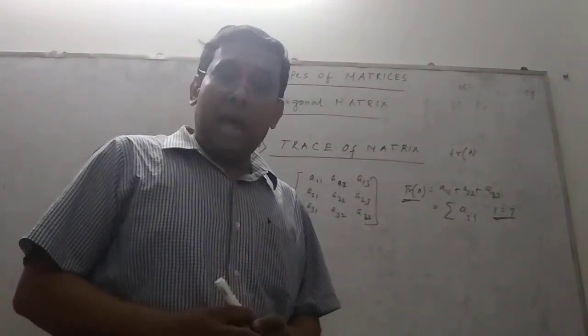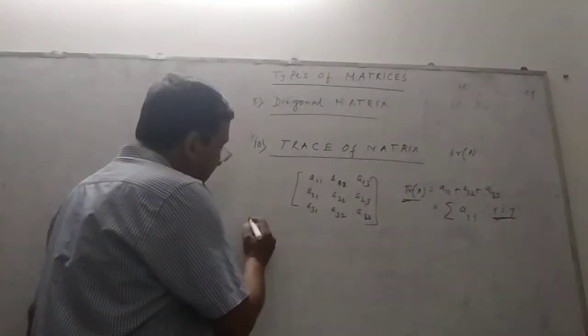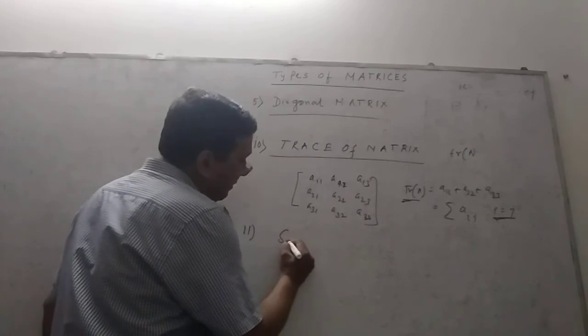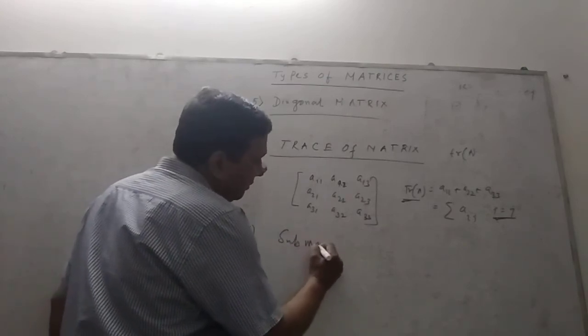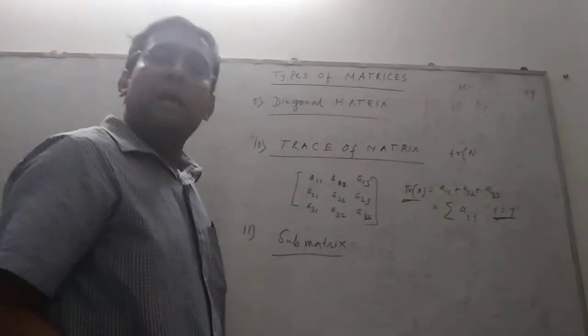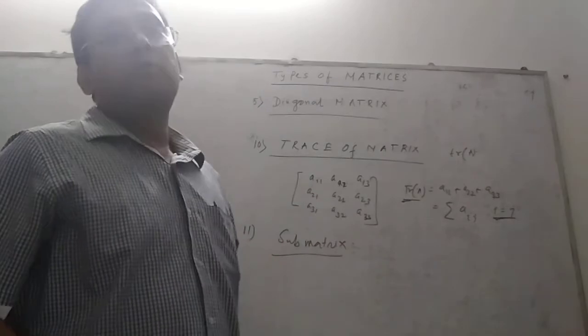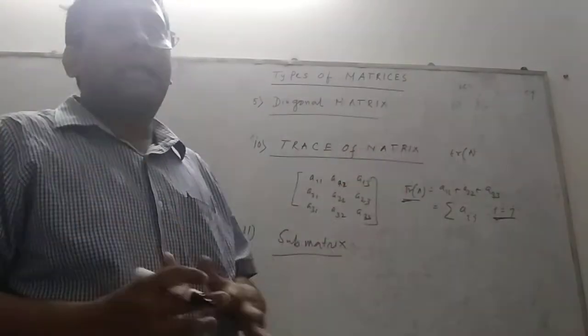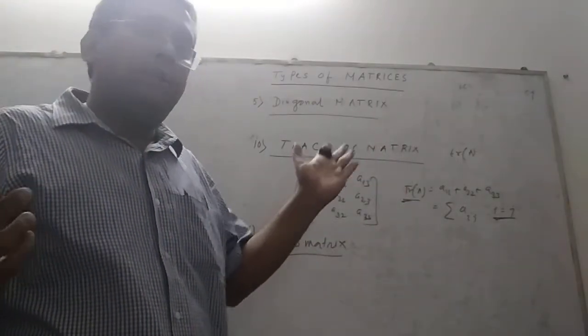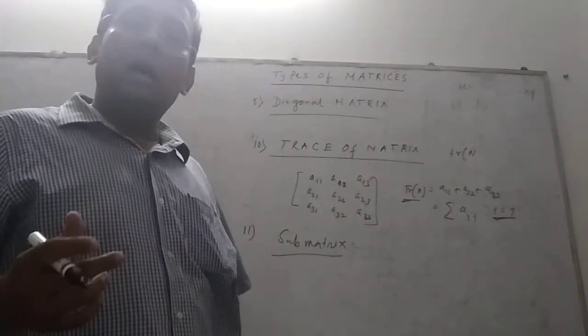And last but not least is the submatrix. This is a classification. What is a submatrix? Submatrix means whenever we delete any one row or any column of a mother matrix and get another matrix, or if we delete both rows and columns, then also we get a submatrix.